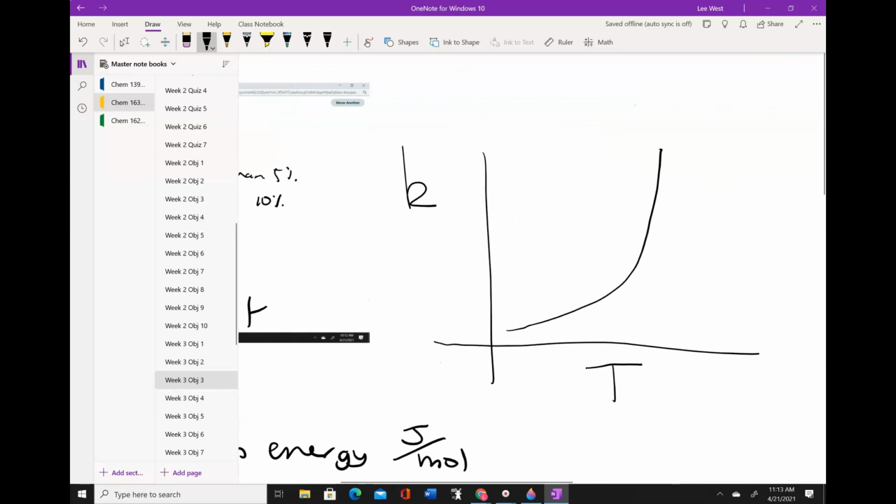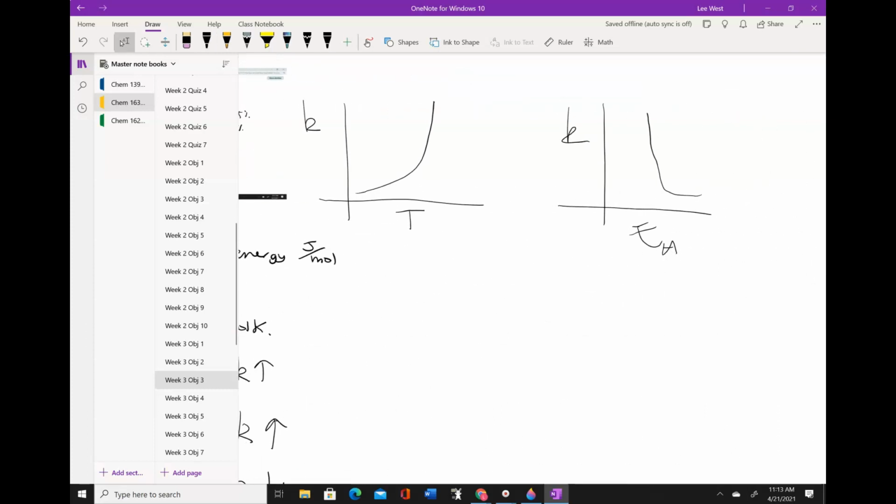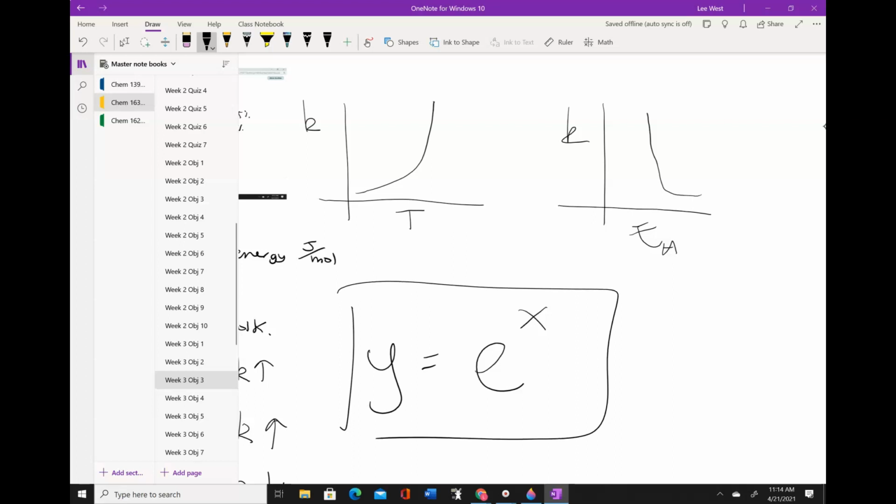All right, so a little word of warning here. Don't claim that something is exponentially dependent on something else unless it's kind of this form, in science class at least. Often in everyday language, if we mean that something is highly sensitive or changing rapidly, we say it's exponential change.